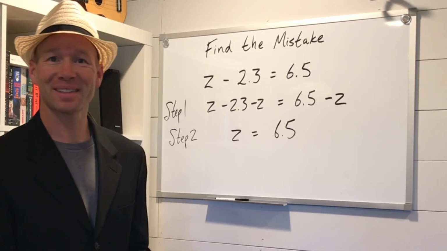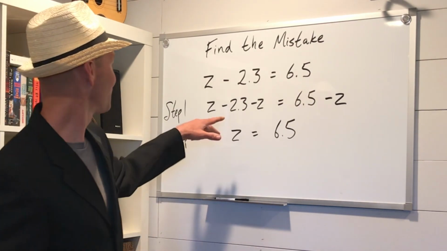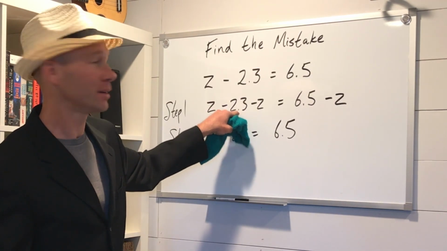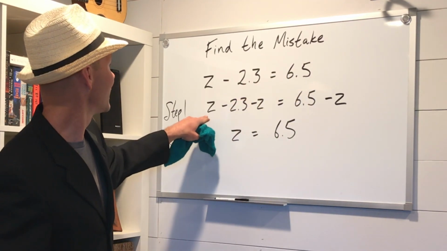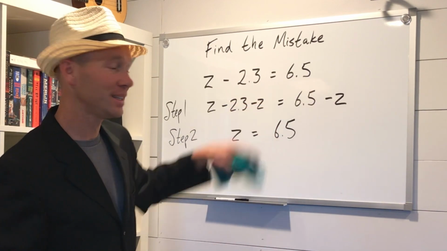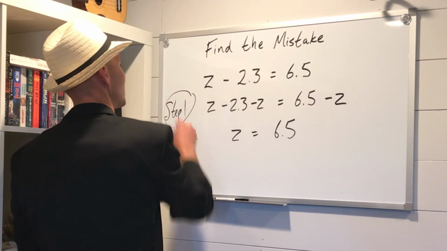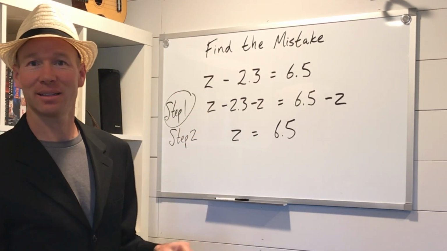Let's do another problem together. Where did I make my mistake this time? Okay, yeah. So z minus 2.3 equals 6.5. Well, z minus 2.3 minus z. So I made my mistake again. Step 1 right here. We want to isolate the variable.